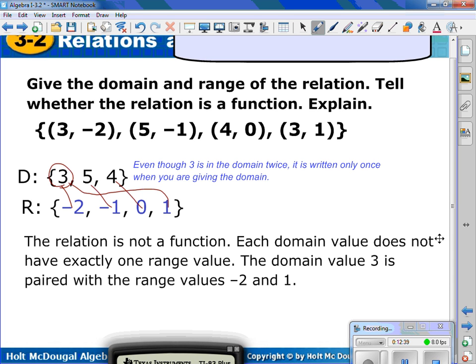If you look at it, how many domains do I have? 3. How many ranges do I have? So something has to repeat, right? If you have that mismatch, you have fewer domains than ranges, then we know we probably don't have a function.